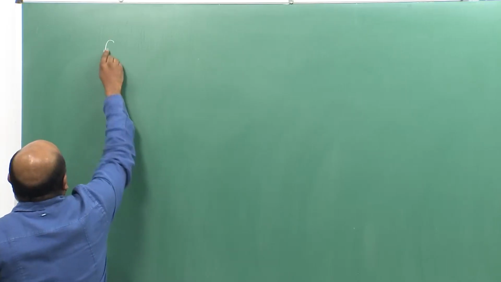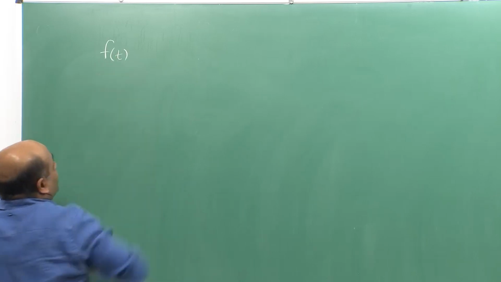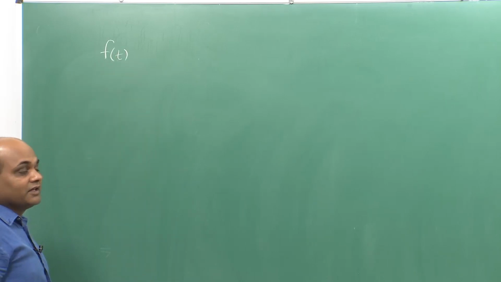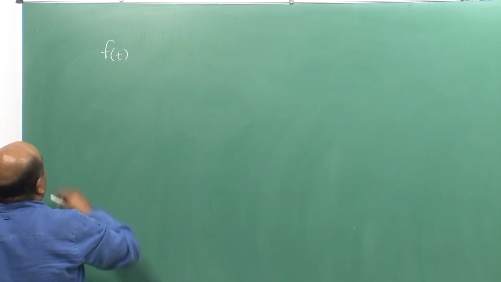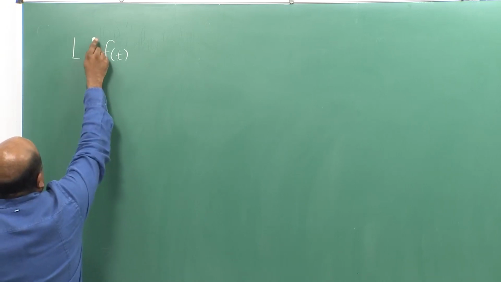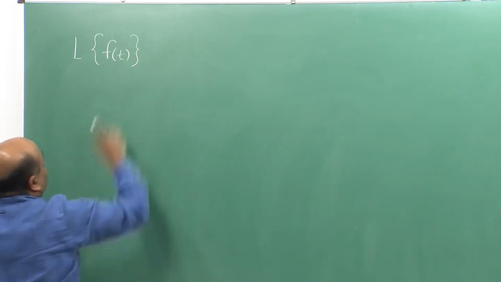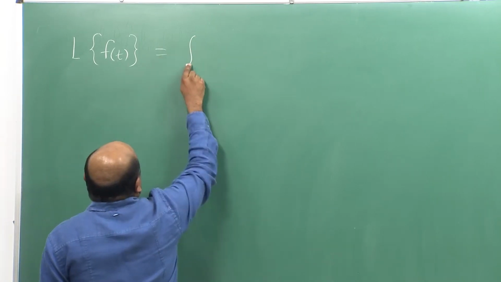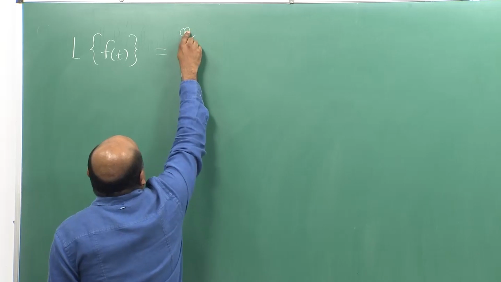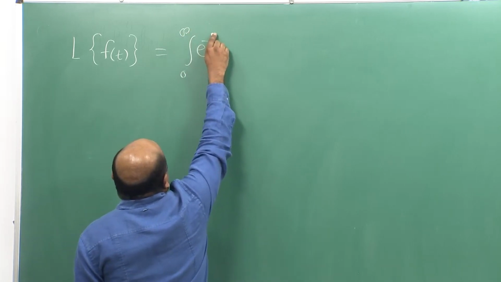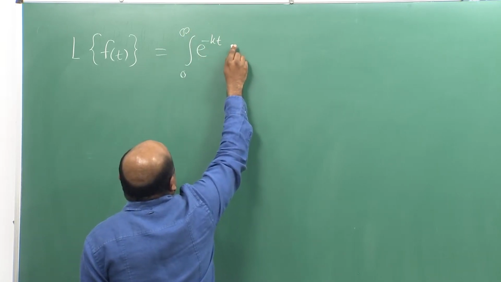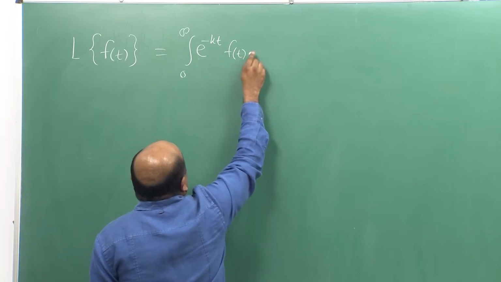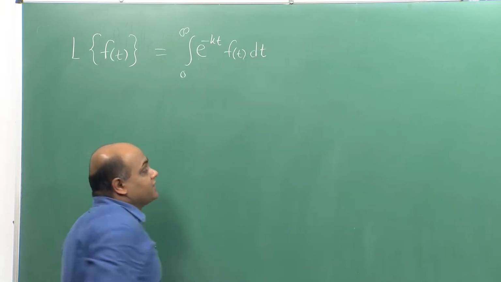So, if we have a function f of t, then we define the Laplace transform of f of t, or we write L of f of t, as integral from 0 to infinity e to power minus k t times f of t dt.